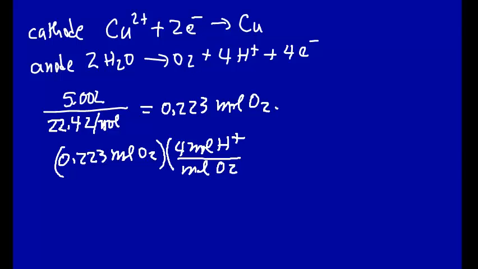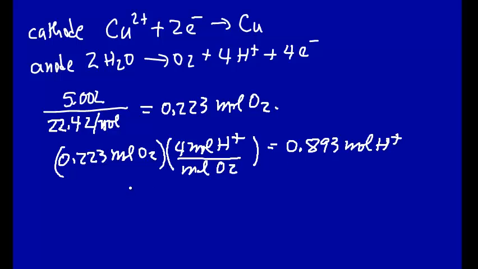We didn't really need to even use this reduction. We just need the half reaction, the relationship between O2 produced and H+ produced. This doesn't produce any H+ or OH-. So that comes out to be 0.893 mole of H+.